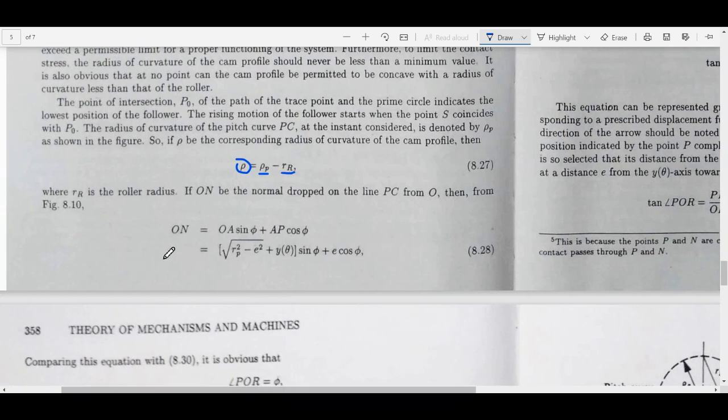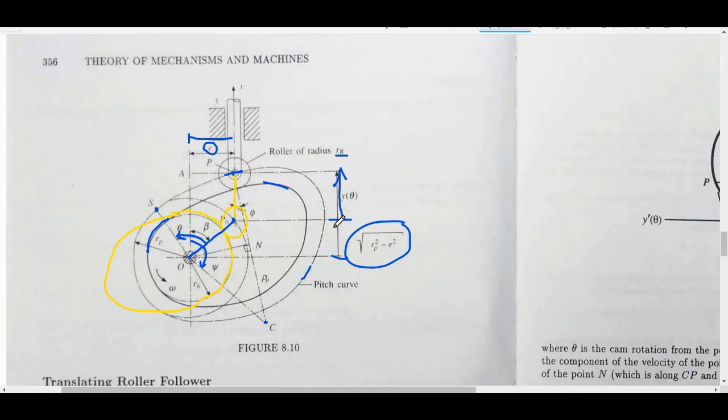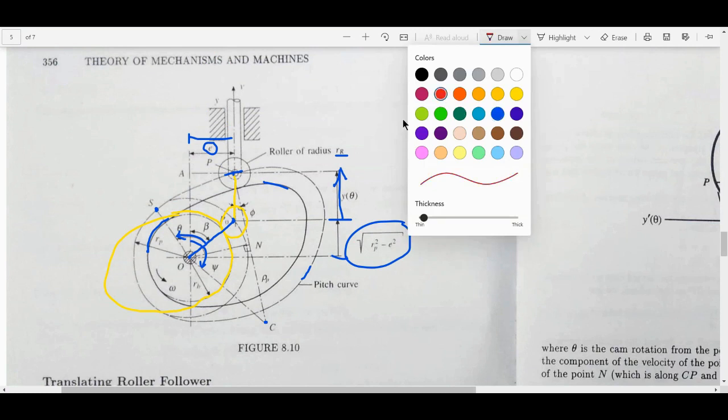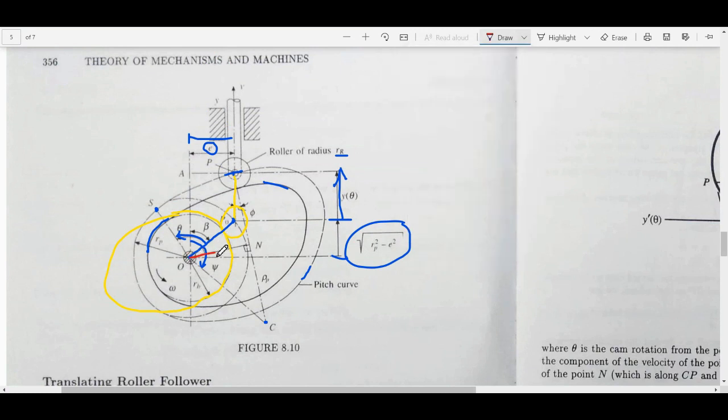Let us write ON as OA sin phi plus AP cos phi. Let me explain. So here let me use red. This is ON. This is the perpendicular direction. So this angle being phi, this angle is also phi.